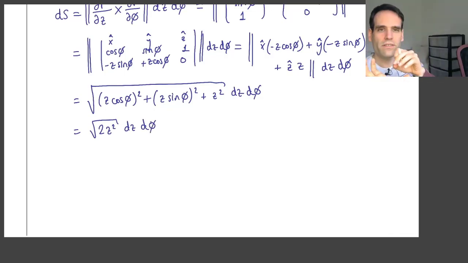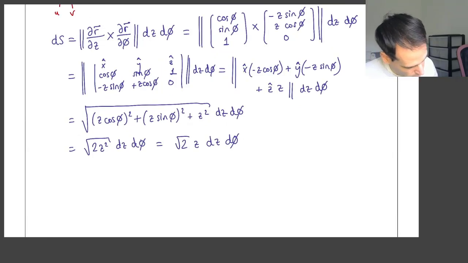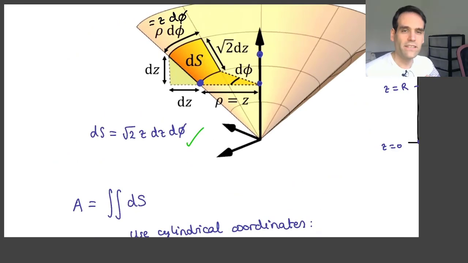Of course z squared we can take outside, so we get square root of 2 z dz d phi. And of course it agrees with what we had from geometrical intuition.